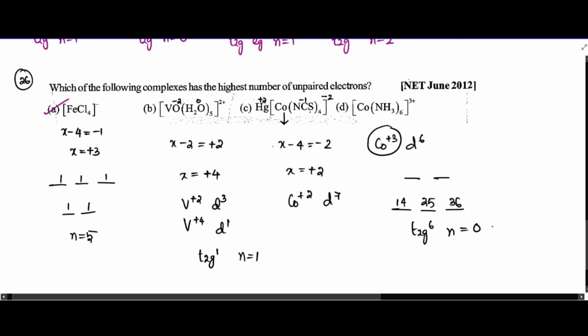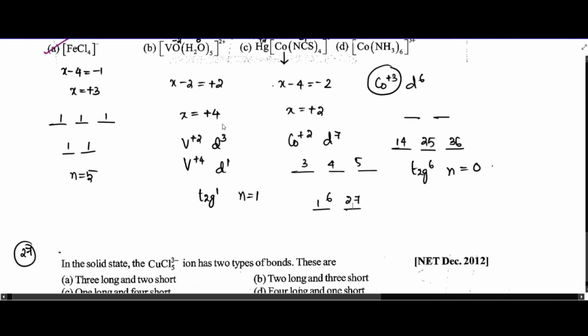This is a tetrahedral complex. So E at the bottom, T2 above. So 1, 2, 3, 4, 5, 6, 7. So it's going to be e4, t2 3 again.